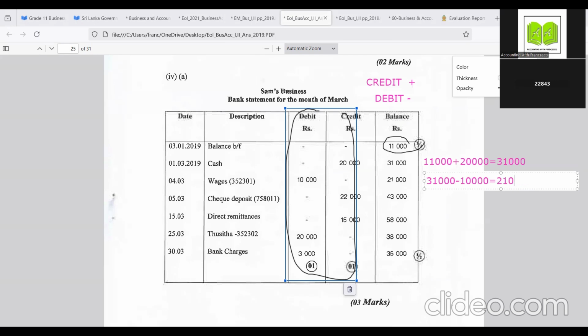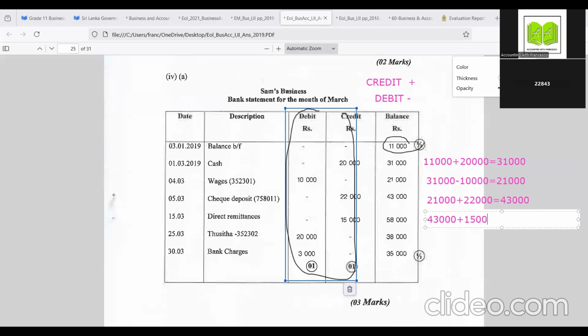21,000. So again, I'm telling you, credit plus, debit minus. Then what should I do for 22,000? Plus or minus? It's credit, so plus. It is 43,000. 15,000, plus or minus?